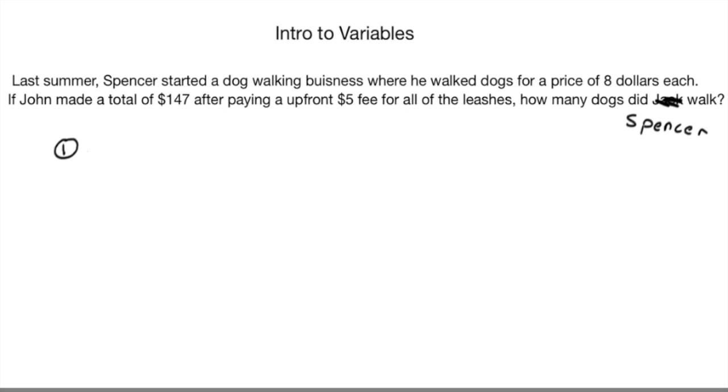So we have $147 equals $8 per dog times, we don't know how many dogs Spencer walked, and this is exactly what we're trying to find out. Since we don't know the value, we'll just use variable D for dogs. Plus, just like last time, we have an upfront fee of $5.